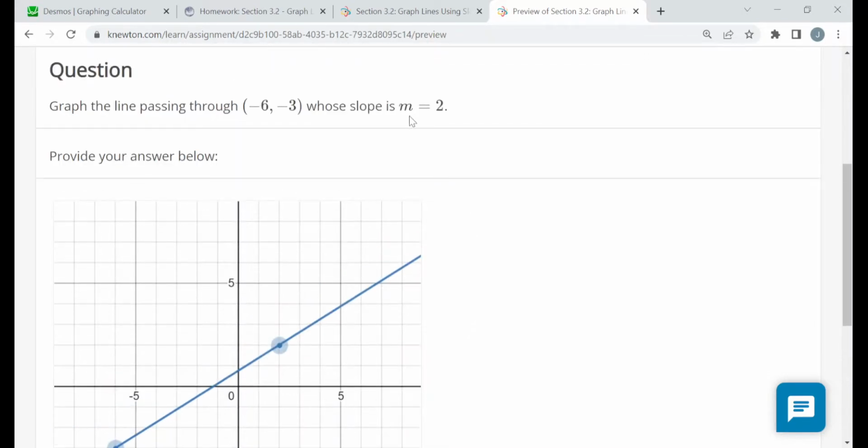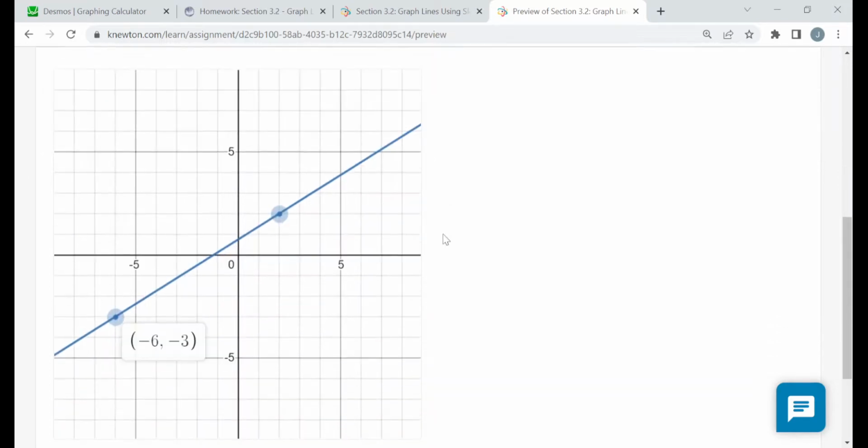Now they say the slope is positive 2. So the numerator is 2, and the denominator would be 1. If there is no denominator, there's technically a denominator of 1. So rise positive 2, run positive 1. I'll move this other point to the point negative 6, negative 3 as well.